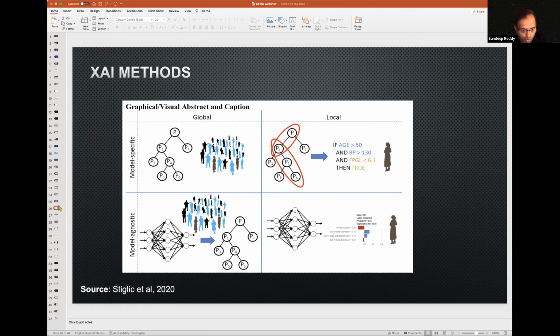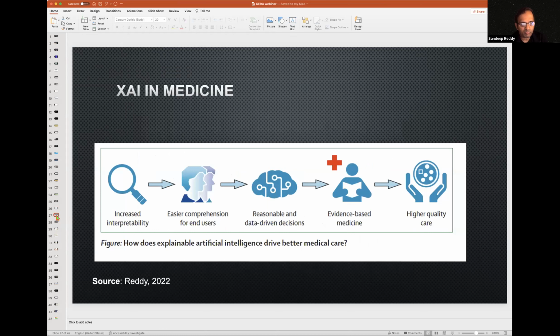In the interest of time, I won't discuss the details of each of the explainable AI frameworks, but we have explainable AI frameworks at the global and the local level, but also model specific and model agnostic. Some of you may have heard of LIME and Shapley values and those kinds of explainable AI frameworks, but there are a lot of other models that are being introduced, like GradCAM for medical imaging analysis.